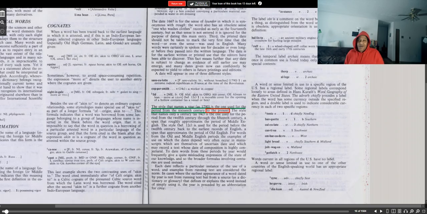Why would you need to destroy Middle English to create this Frankenstein monster, Modern English, with so many problems? It couldn't be for them. It had to be for somebody else. See, so powerful.